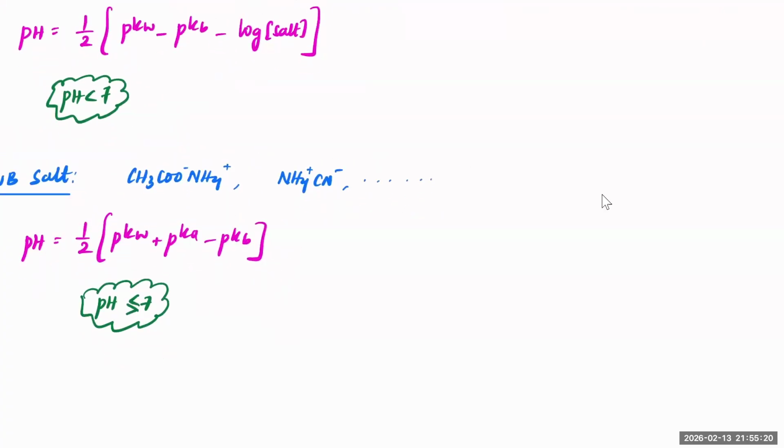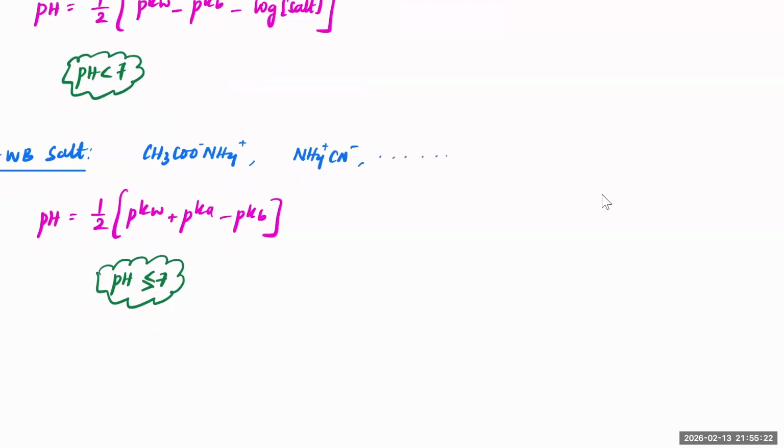Okay. Now here, how does the equilibrium look? If you notice, CH3COO minus plus NH4 plus plus H2O is ionizing into CH3COOH plus NH4OH.